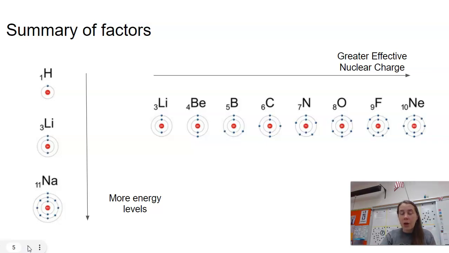All right, so now I've gone over the three different properties that we're going to talk about for periodic trends, and I want to just review one more time the factors that affect those trends. So I mentioned them when I talked about each thing, but just to make sure that we're clear. So first, just a review of Coulomb's law. The word might be new, but the concept shouldn't be new to you.